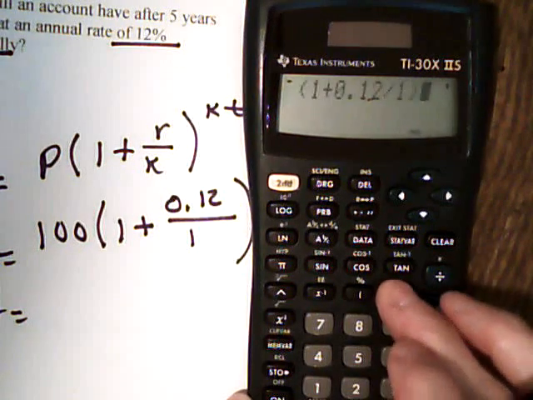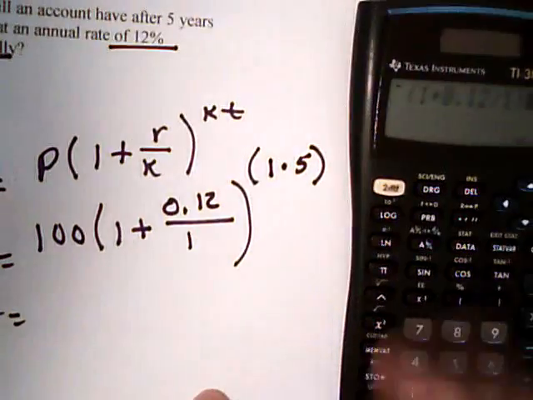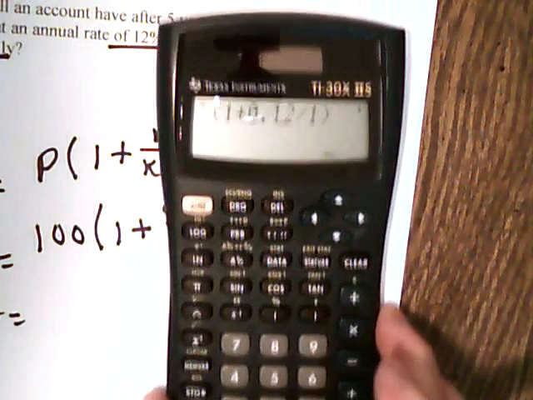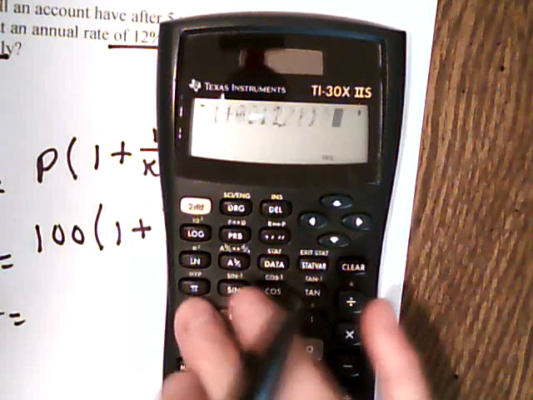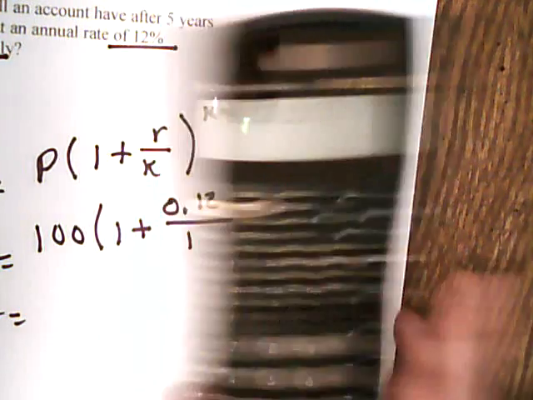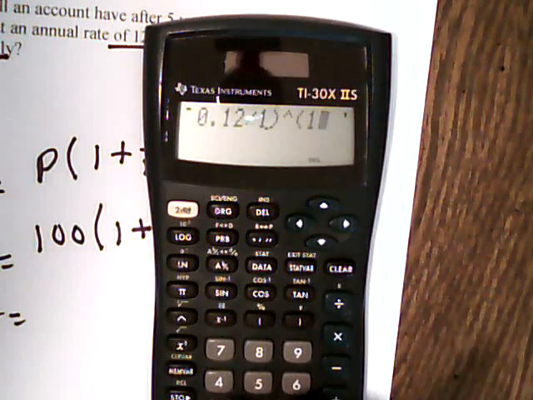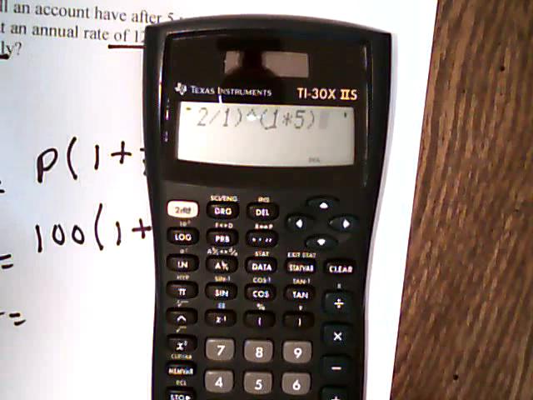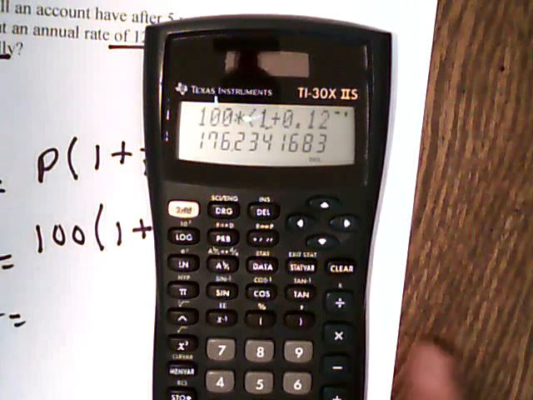I'm closing that parentheses. Now remember, all of this is in a second parentheses in my exponent, so I'm using my up arrow, getting to my exponent, open parentheses, and I had 1 times 5, close my parentheses, and remember to hit equal.